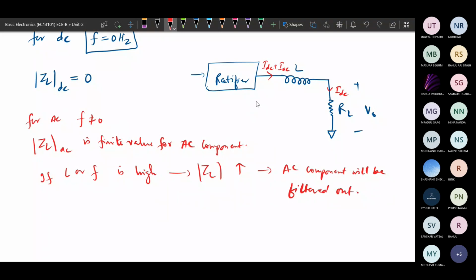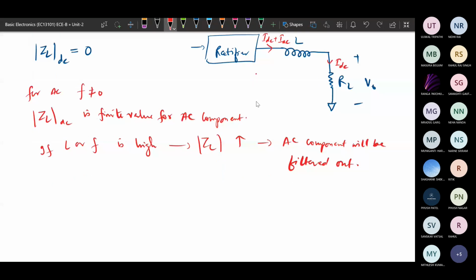Okay, so we can see here that the rectifying efficiency will depend on certain parameters.